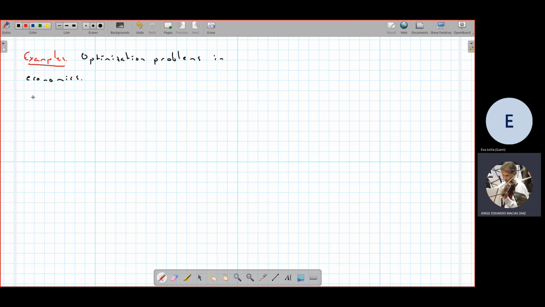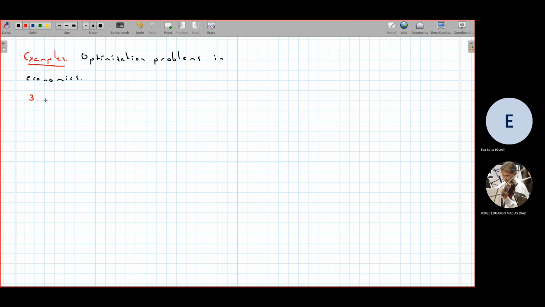We provided two examples before, so this would be example number 3. It's called profit maximization. I'm going to describe next what this problem is all about. As I said before, we are just going to try to describe these examples, and that's it. We're not going to solve them. We're going to provide them in general.